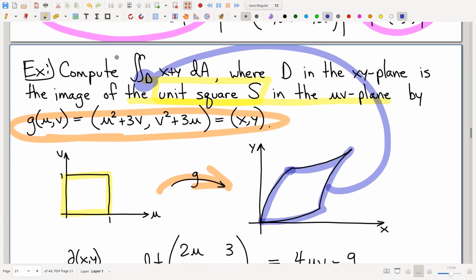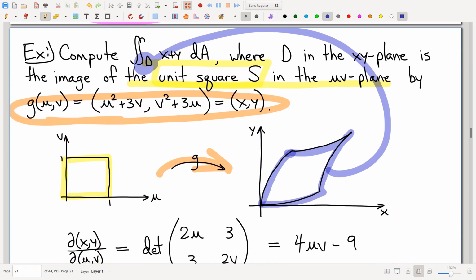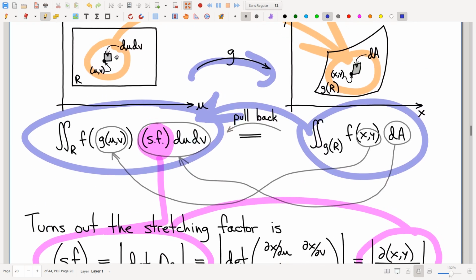And luckily, that's how this question was given to us, right? It came to us as that the domain for our integral that we're interested in is literally defined as the image by way of this function, right there, of this pullback domain, I like to call them sometimes, this unit square, again, given right here in the statement of the question. So, cool, we're all set. And if we want to use change of variables, again, here it is.